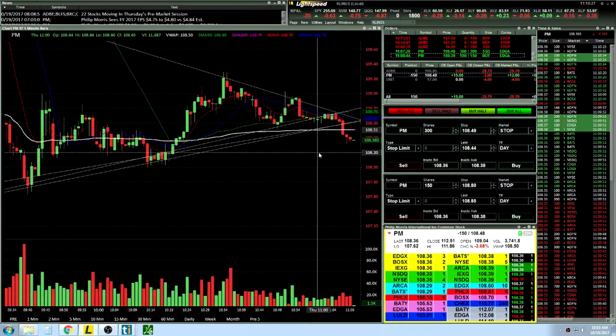It's a nice move though, so I want to let this one go. I want to let it retest if it wants to retest. It does look like it's starting to slow down here.